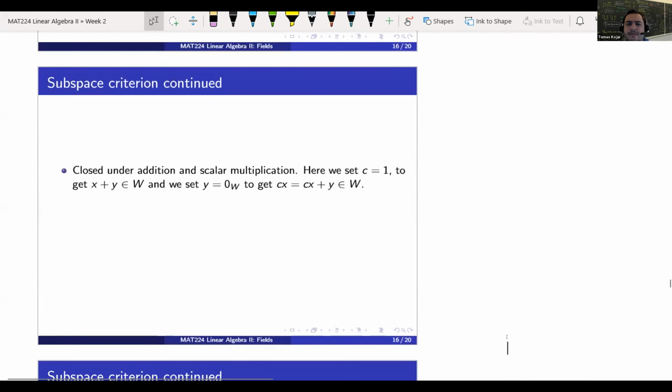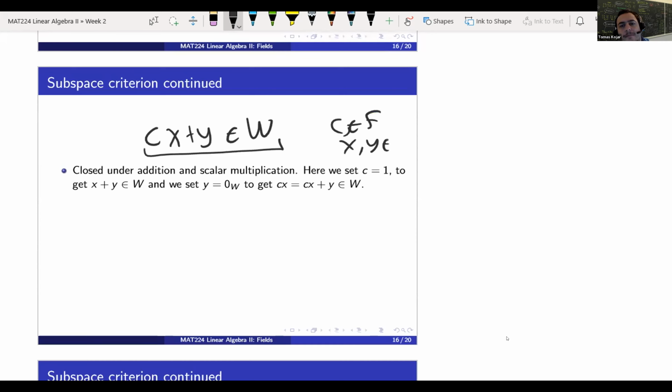In the book, they are further restricted, but we don't really do that. In the book, they force this condition, cx + y in W, which is kind of redundant, but I might as well talk about it. To really get closure from this condition alone, you have to set c to be 1.